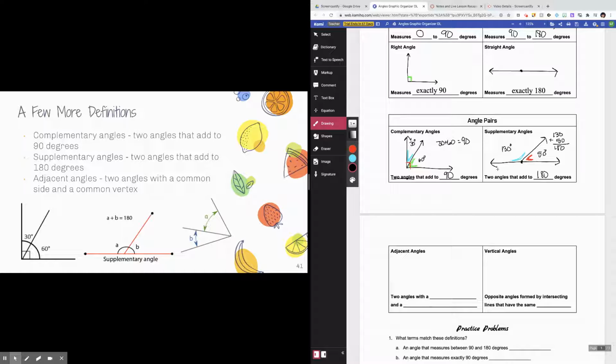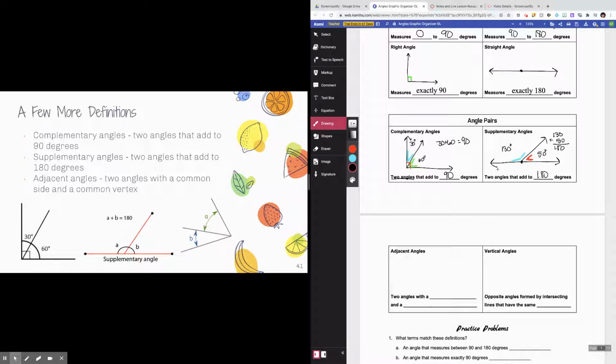I've found that the easiest way to remember this is that complementary starts with a C, which comes before S, supplementary, in the alphabet, and 90 comes before 180 on the number line.